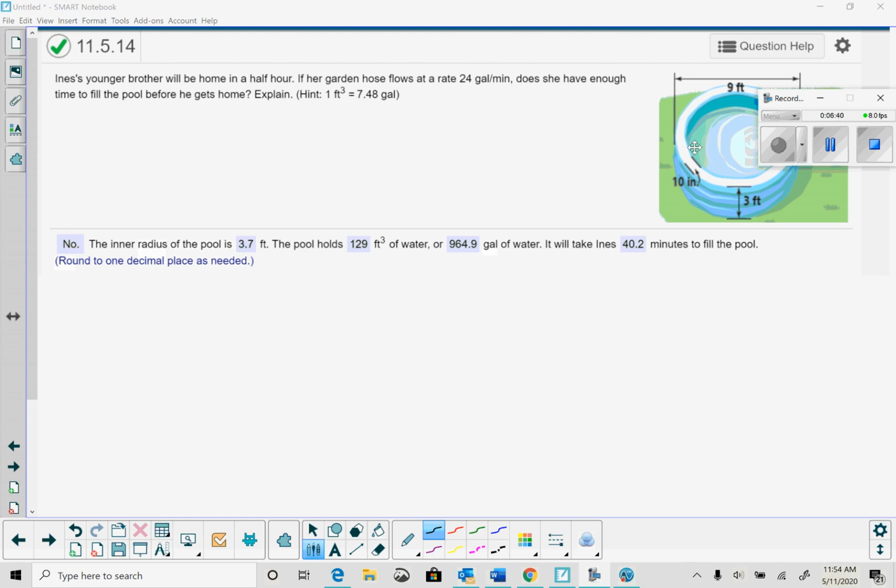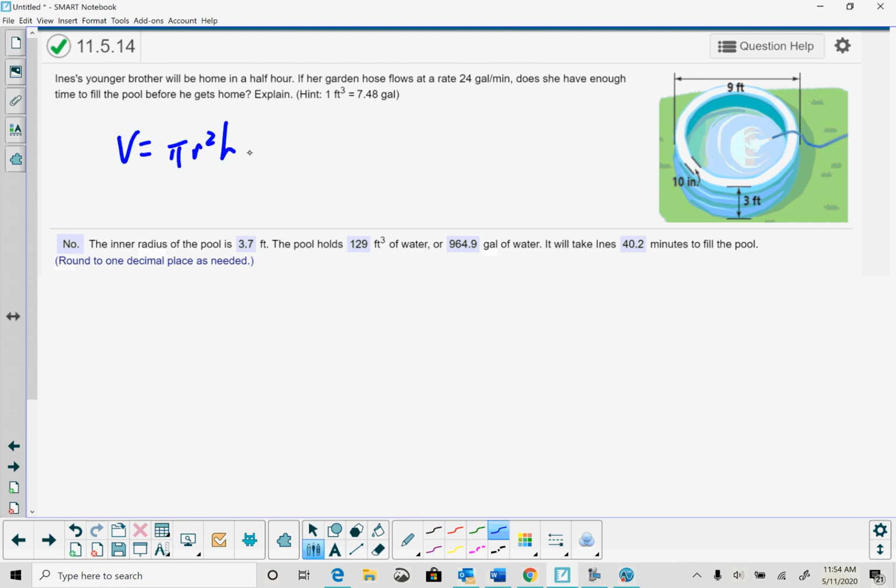Again, the pool itself, I would consider to be a cylinder. So again, we have our formula, pi r squared h. The h is going to be this 3-foot measurement there. But now we need to do some thinking here about the radius. Now they're telling us here 9 feet, but clearly that's the diameter, which means the radius to the outside edges would be 4.5 feet.